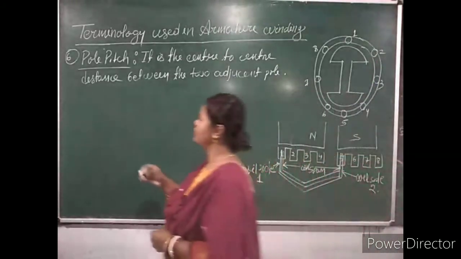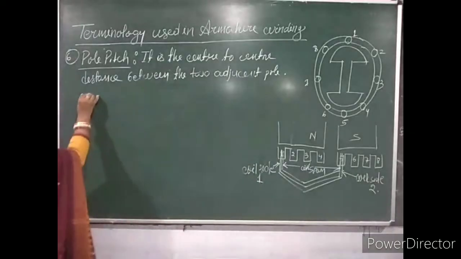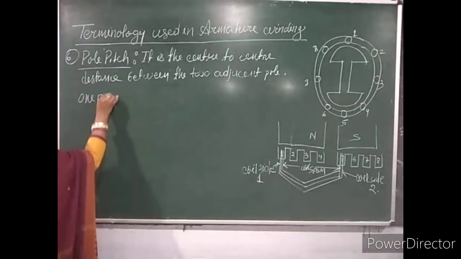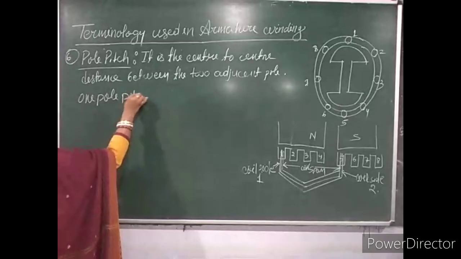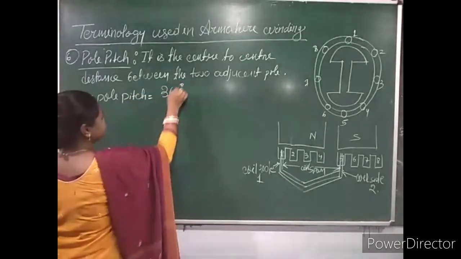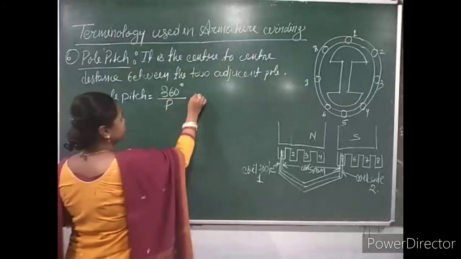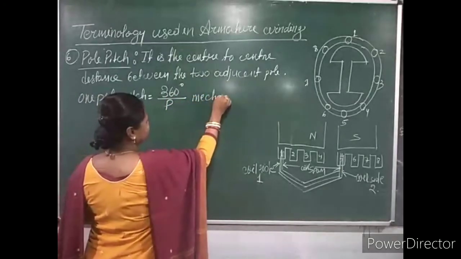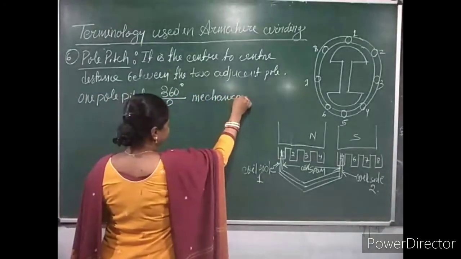So one pole pitch is equal to 360 degree by P mechanical.